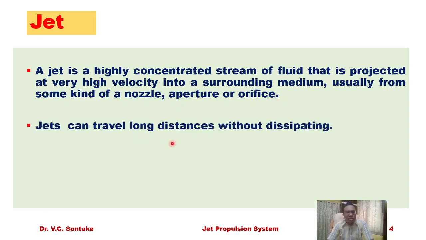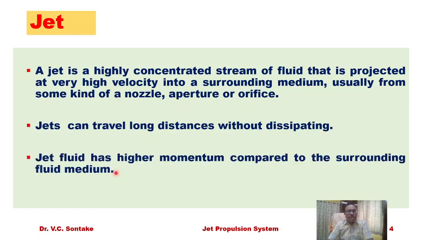A jet can travel long distances without dissipating. If a highly concentrated stream of fluid is coming out of a nozzle in the form of a jet, that jet can travel a very long distance without dissipating. Dissipating means the fluid of that particular jet won't get mixed instantly with the surrounding medium.